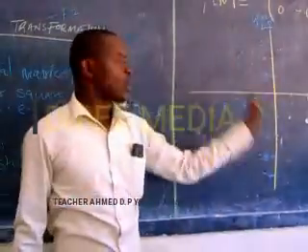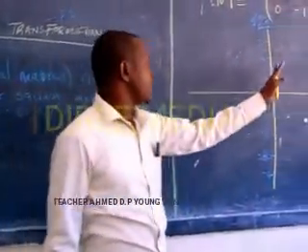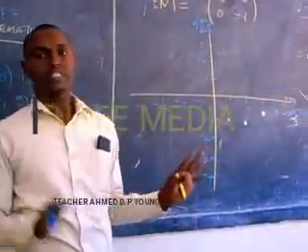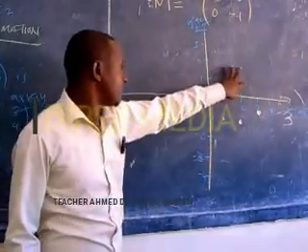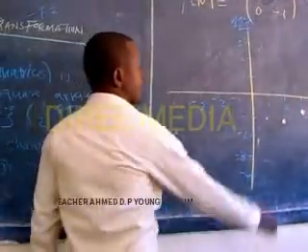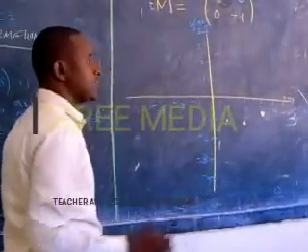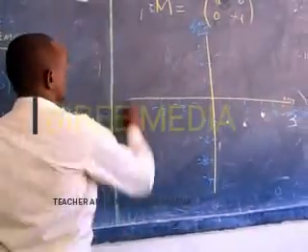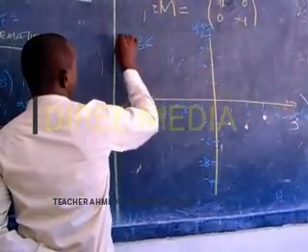So I want to plot the coordinates of a certain object on this Cartesian plane. Let me plot a triangle ABC.